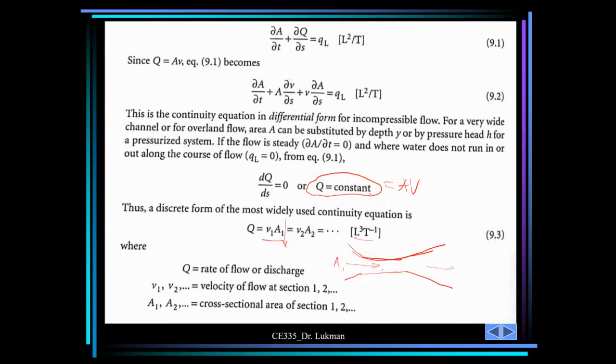So this is, let's say, A1, A2, A3. So for the same flow rate to be maintained in these three sections, this is section 1, section 2, section 3, okay?